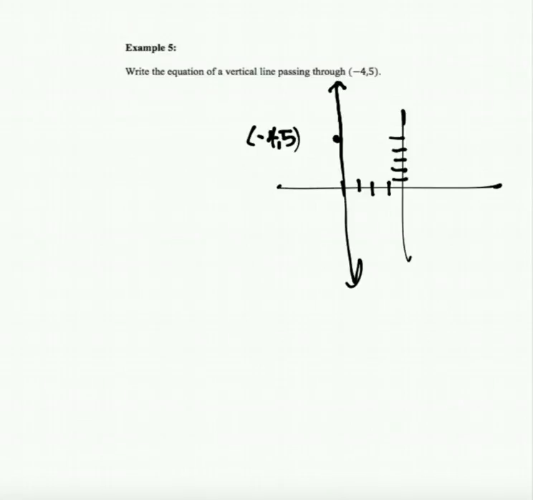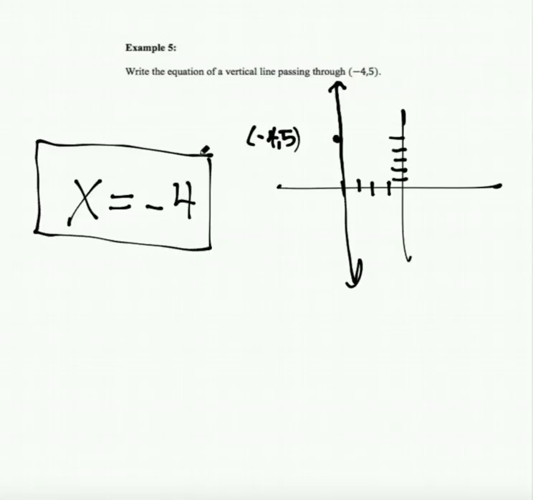So if you recall, a vertical line is always going to have an equation, x equals some number. And that number is whatever x value it's going through. So the equation of this vertical line is simply x equals -4. All right, this one's the easy one. You just need to know the difference between vertical line equations and horizontal line equations.